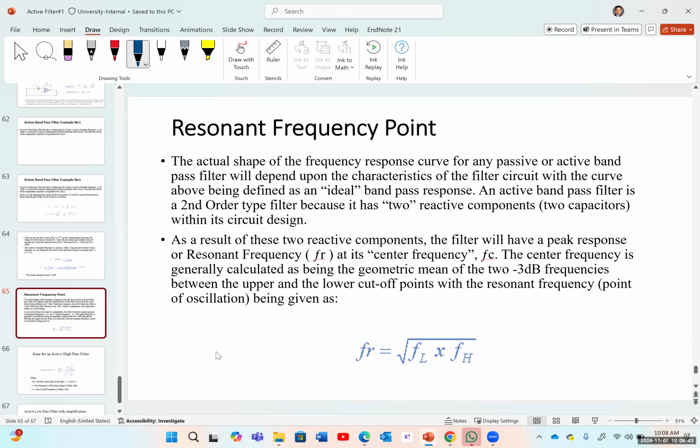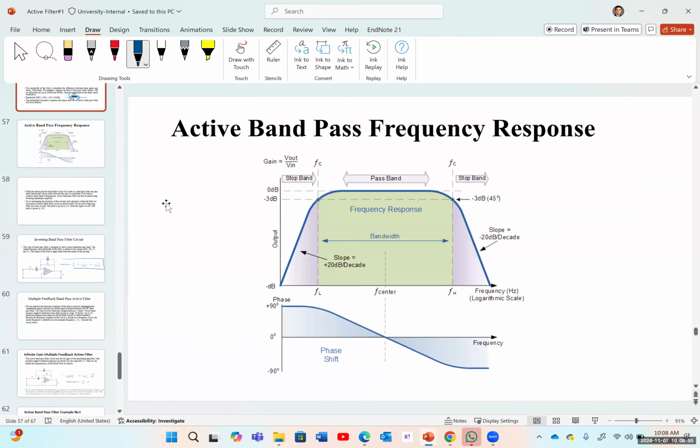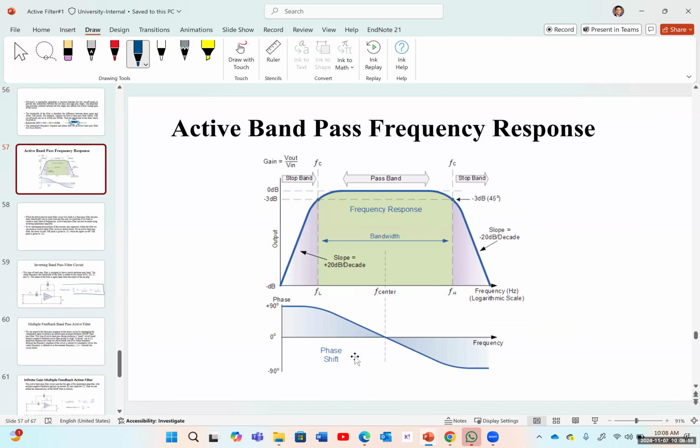As a result of these two reactive components, the filter will have a peak response or resonant frequency at its center frequency. And at that center frequency, which is again mentioned here, we're going to have F center, we're going to have a shift in the phase as well.